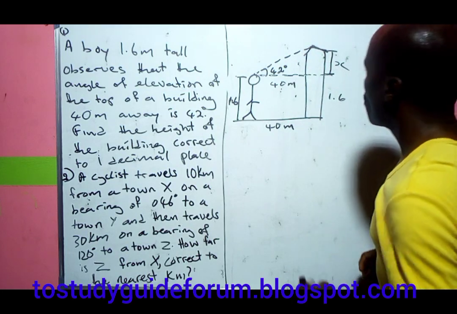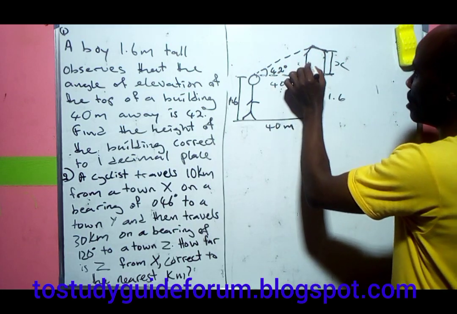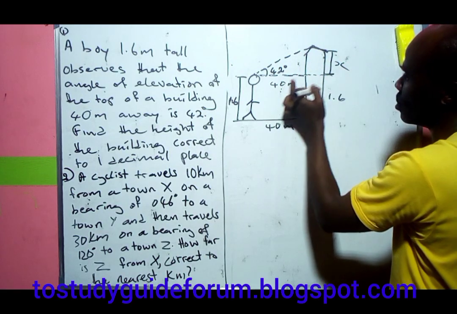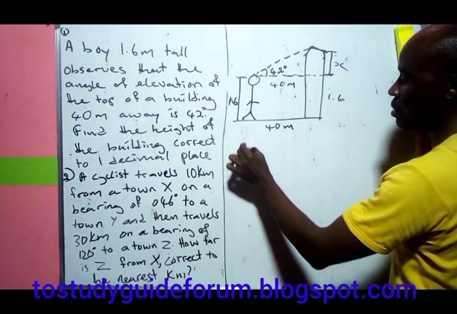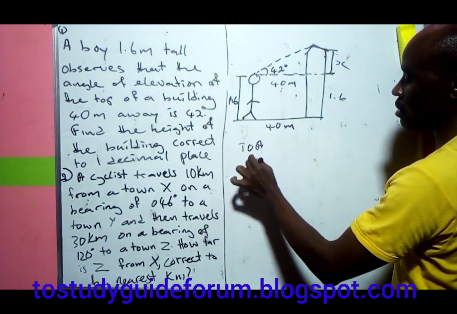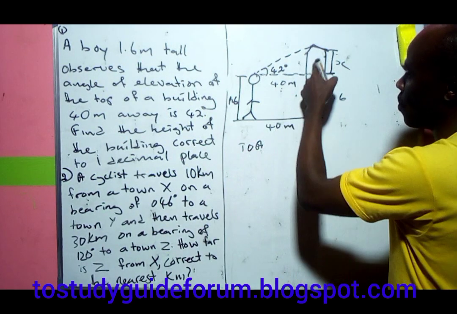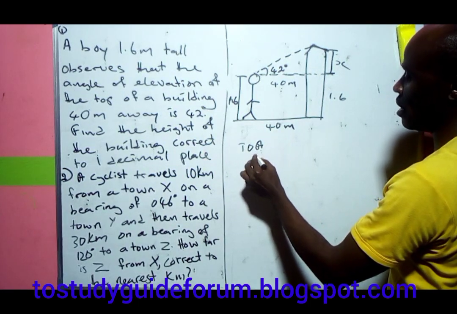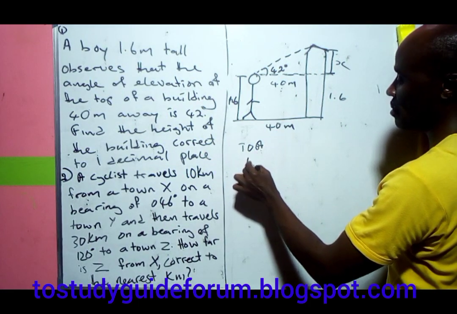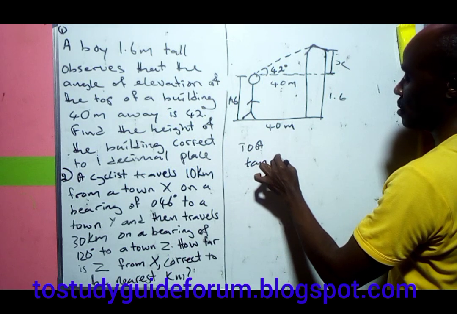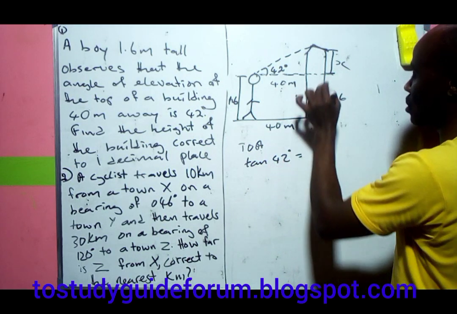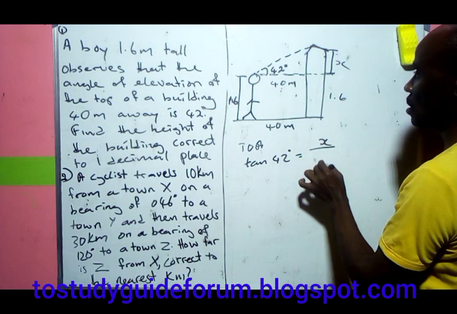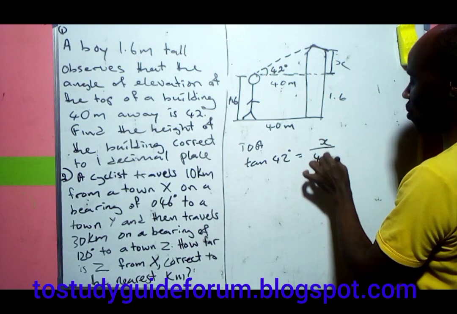So now, looking at this, this happens to be the opposite. This one is adjacent. So what are we going to use here? Opposite over adjacent. That means to say we are using tan. Tan of the angle equals opposite, which is x, over adjacent, which is 40.